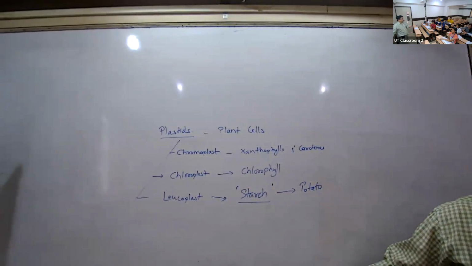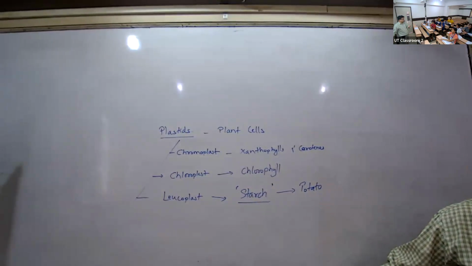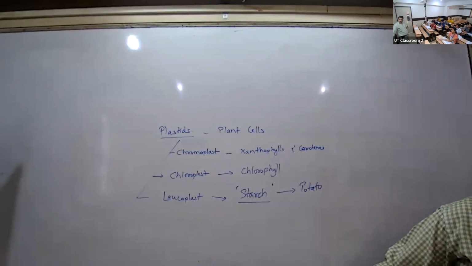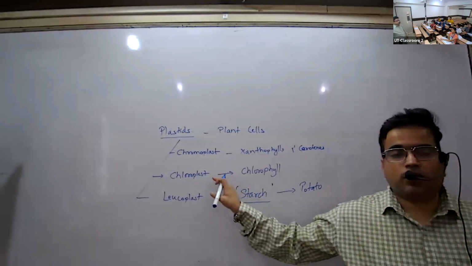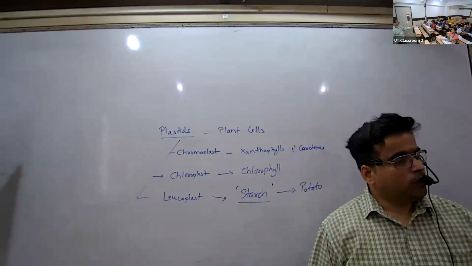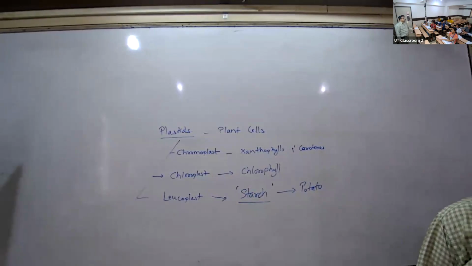So potato का size निकालोगे तो yellow color या whitish color दिखाई देता है. That is because it has more starch and it is made up of leucoplast. Like mitochondria, chloroplast is basically a double membrane structure. So that is what is given in your book in terms of plastid.